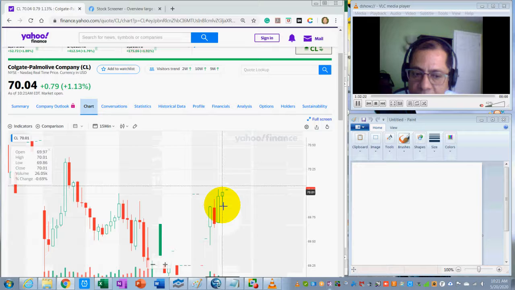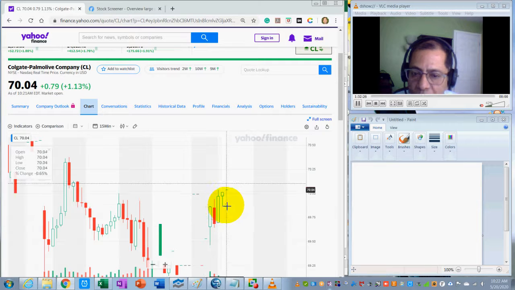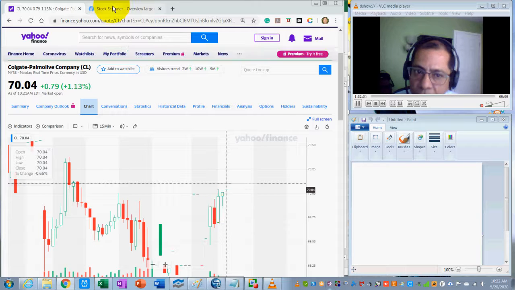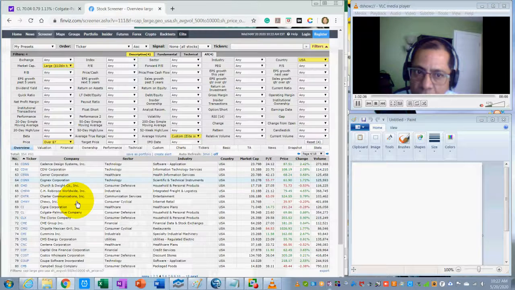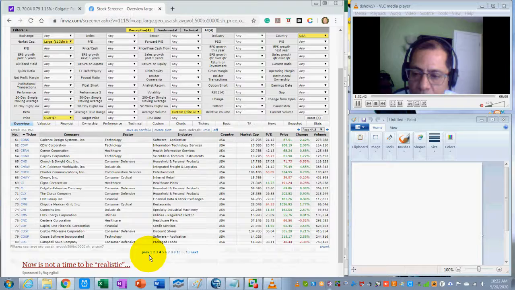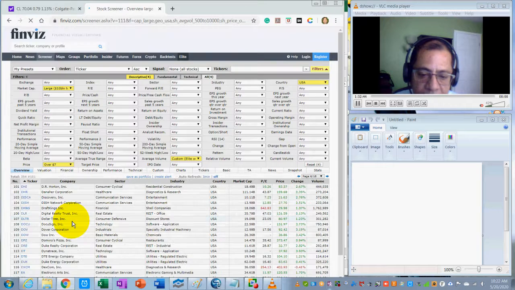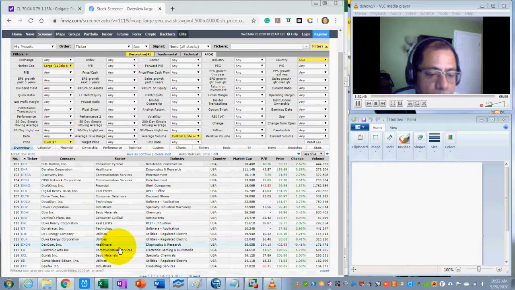The next bar, the closing price was 70.01, and the next bar was 70.04. So it's taking a slight move in the north direction. Why? Because the market is also heading north. So once you continue doing your research, you will notice that the market and the stocks go hand in hand. And this is exactly what I'm trying to say.